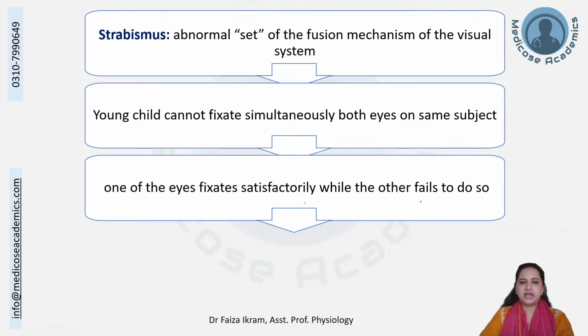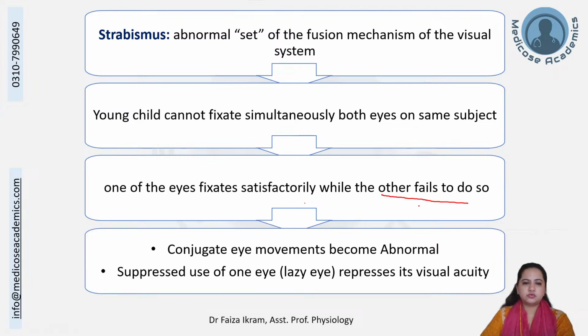If it keeps on happening, ultimately the eye which fails to do so will become the lazy eye, and that will lead to abnormal conjugate movements and suppression of the vision in the lazy eye, resulting in greatly decreased visual acuity, amblyopia, ex anopsia. So strabismus just started with this, may end with this and this. If taken care of well in time, strabismus may be avoided and visual acuity may be kept safe.